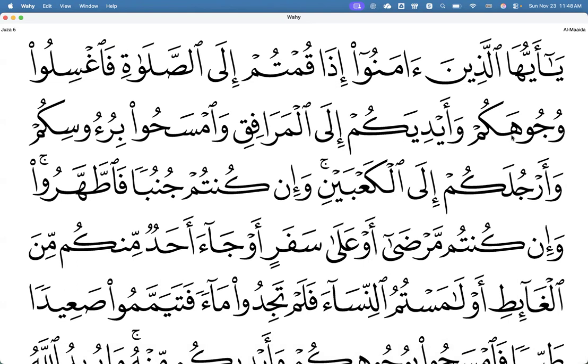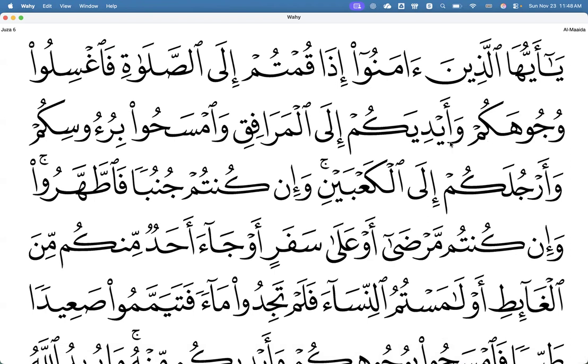Wash the faces. So the faces is the object, so that's why it ends with a fatha. It becomes mansub. You with me? Alhamdulillah. So wujuhakum, then wash your faces.